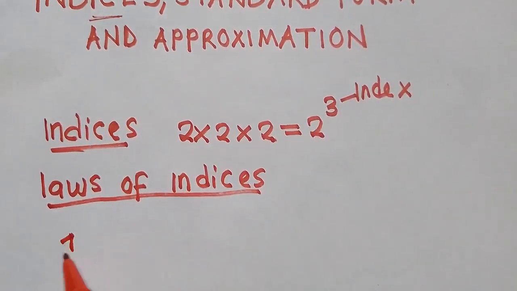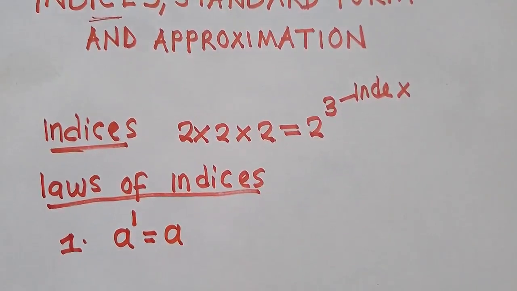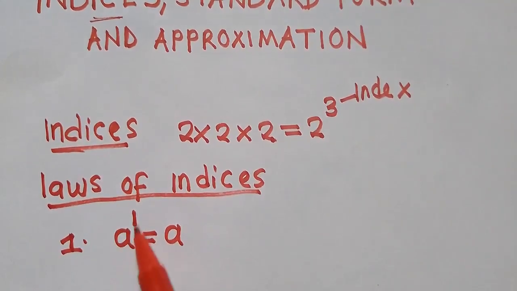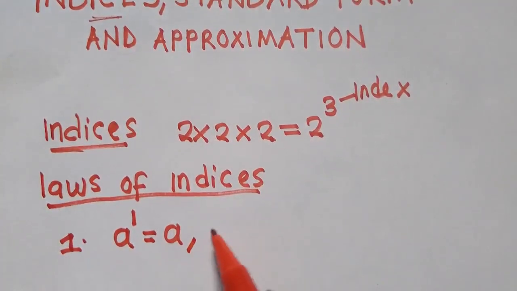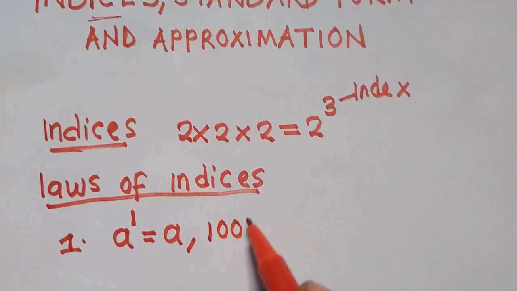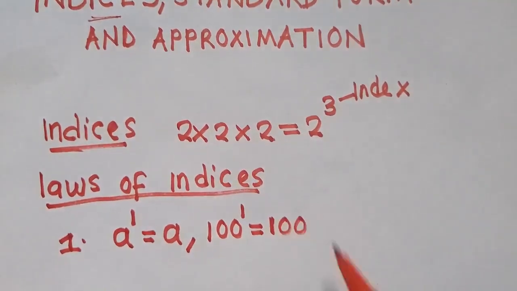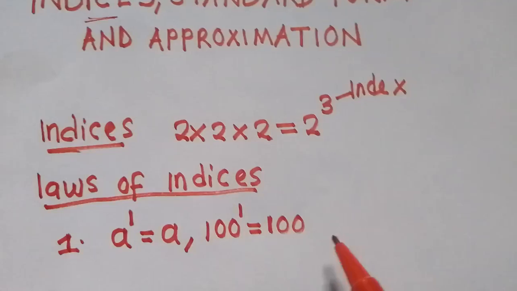Any number raised to the power 1, let's say a raised to the power 1, is equal to itself. So a to the power 1 is equal to a. Then if you've got a number like 100 to the power 1, this is equal to the same number, 100. This is what you need to understand.